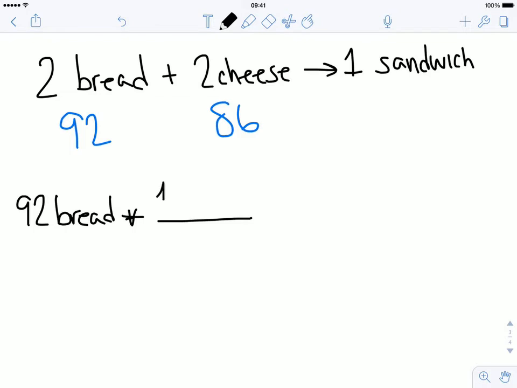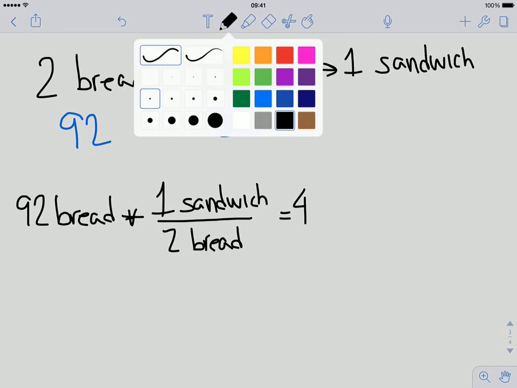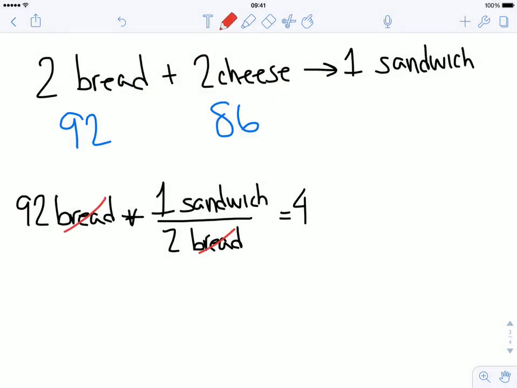So for every 1 sandwich, there are 2 pieces of bread. Now 92 times 1 divided by 2 is 46. So our units cancel out here, bread and bread cancel out, and the unit we're left with is sandwich. So we can make 46 sandwiches.